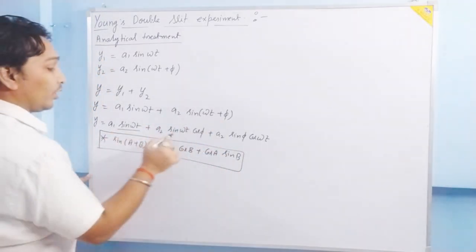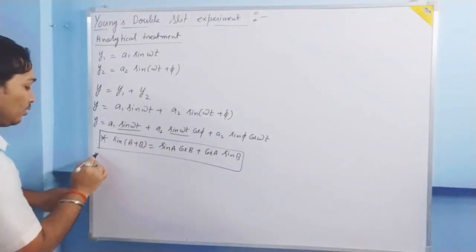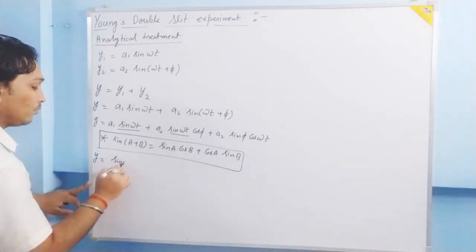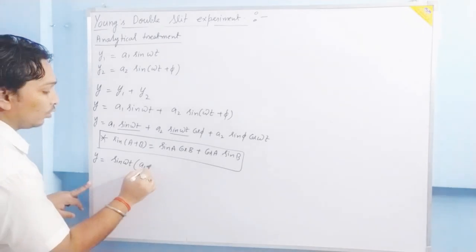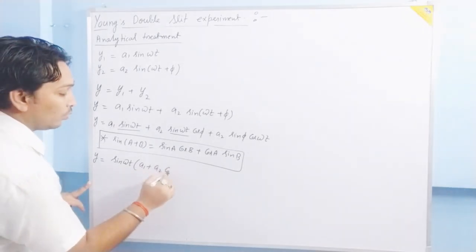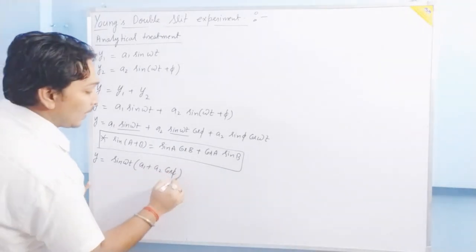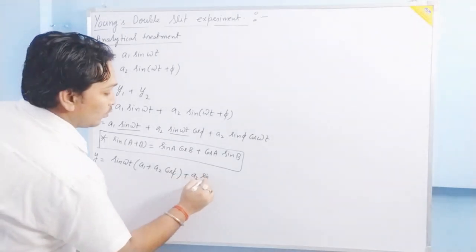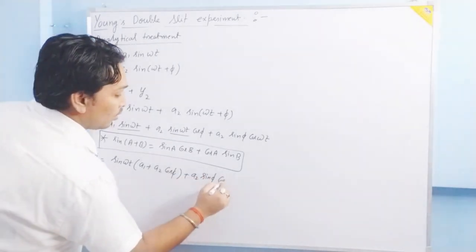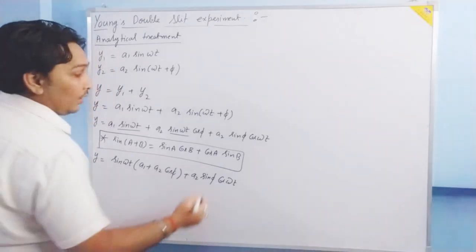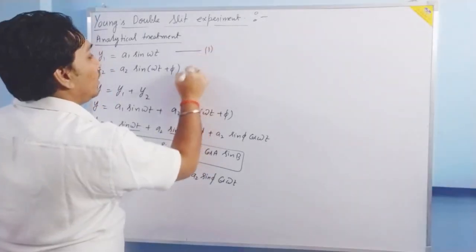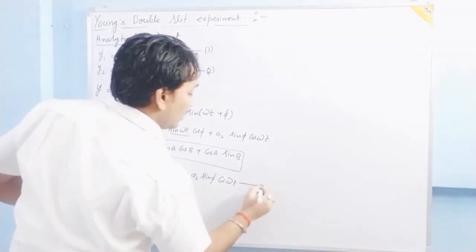Now just see, sin omega t and sin omega t we can take common. So y is equal to sin omega t common, we have a1 plus a2 cos phi, plus a2 sin phi cos omega t. Let this be your equation number 1, let this be your equation number 2, let this be your equation number 3.